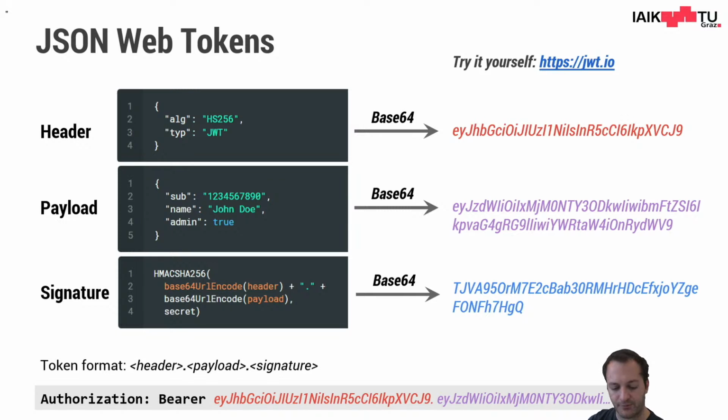So what does such a web token look like? Well, there's always a header, a payload, and a signature. The header carries two parts. It declares the type, so what type of token it is, like in this case JSON Web Token, and the hashing algorithm to use. Then there is a payload which will carry the bulk of your JSON Web Token. This is where we put the information that we want to transmit and other information about our token.